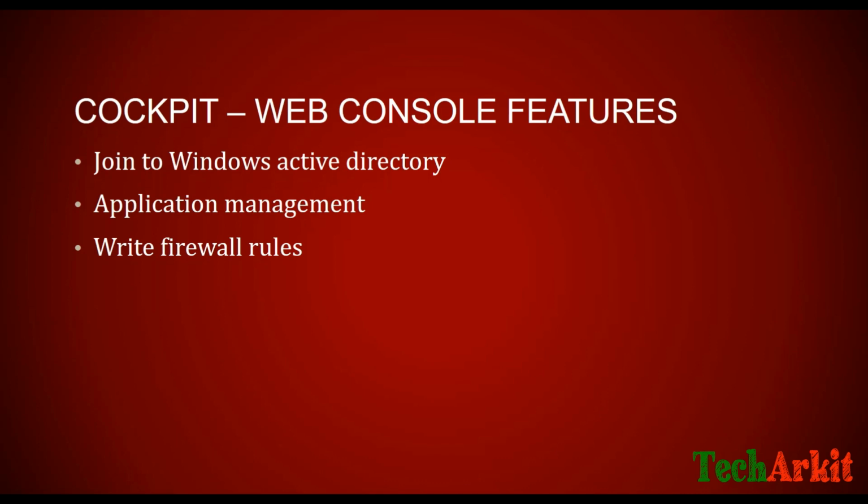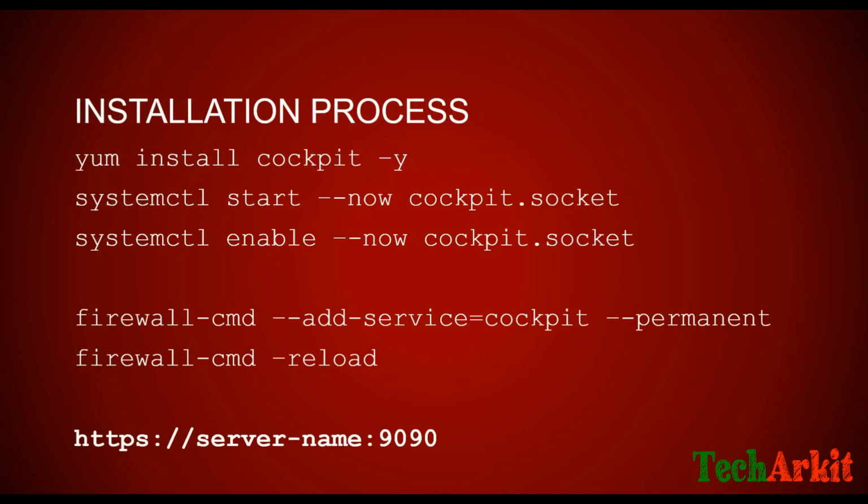This is simple, most of the time they do it on regular Linux servers if the firewall is on. So this can be done from the web console. Next one is how you can install and configure this. Install cockpit is the command. You can just install the Cockpit packages, and then systemctl start, and cockpit.socket is the service name.